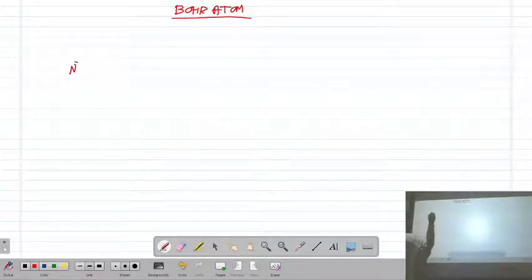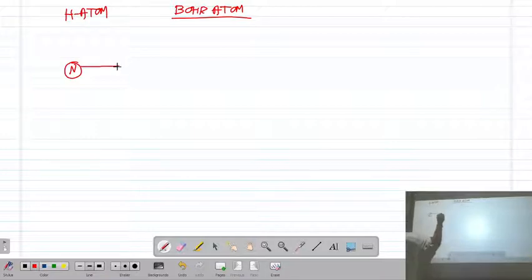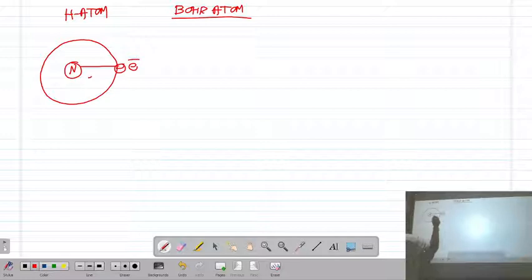This is a hydrogen nucleus, and consider an orbit of radius r, in which the electron is revolving around the hydrogen nucleus.